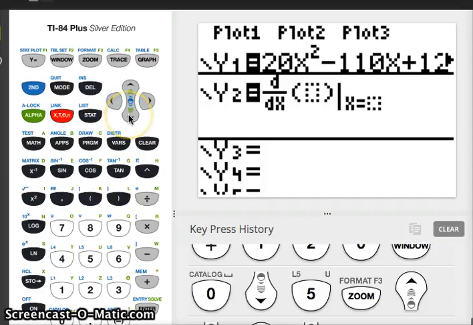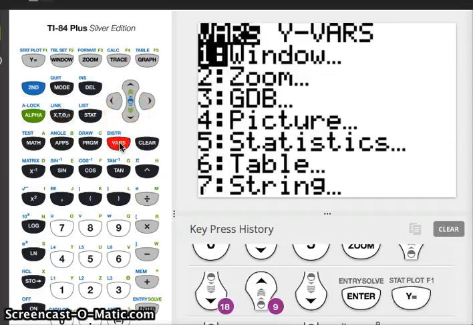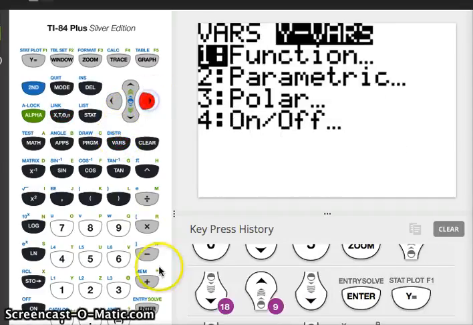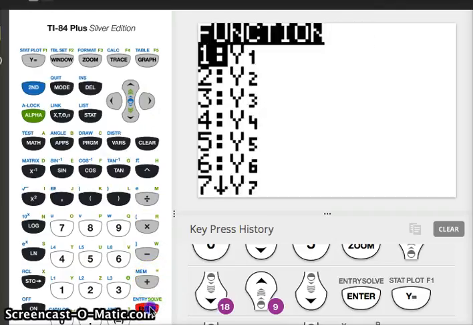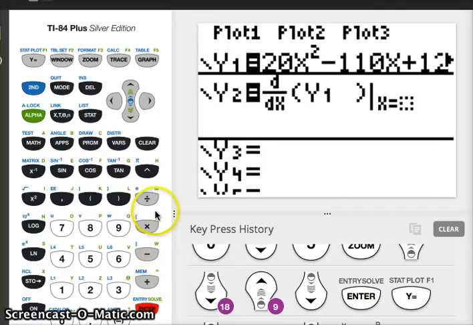Then we're going to put y1 in here. Okay. Now I'm not exactly sure what is going on out here. I think we should just put an x here. Okay. All right. Let's see what happens when we hit graph.